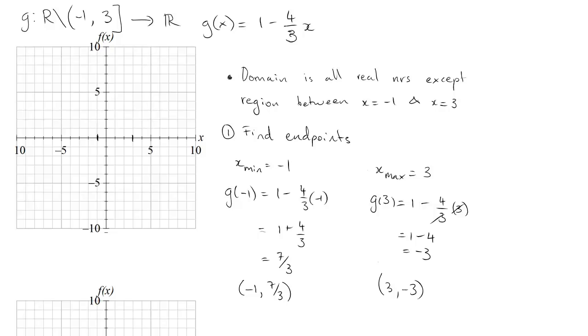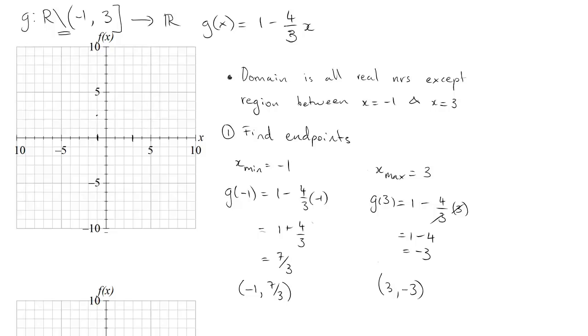Okay, so our endpoints so far, we've got -1 and 7/3, and we have 3 and -3. Now, one of the things that we need to consider here as well is that this symbol here means except. So all real numbers except. And then we're actually not including -1. So when we go up to -1 and 7/3, where's 7/3? It's somewhere here.